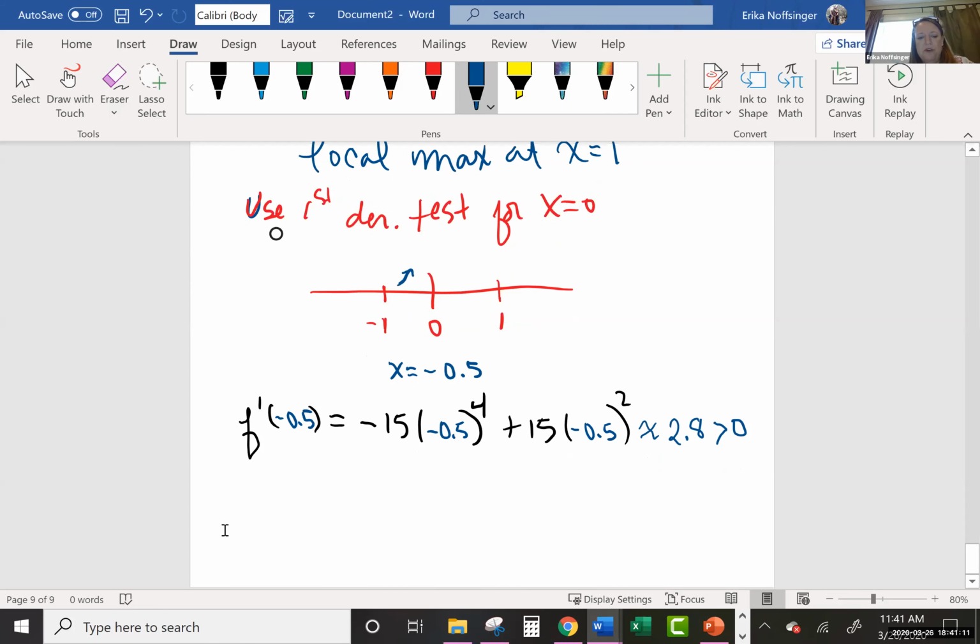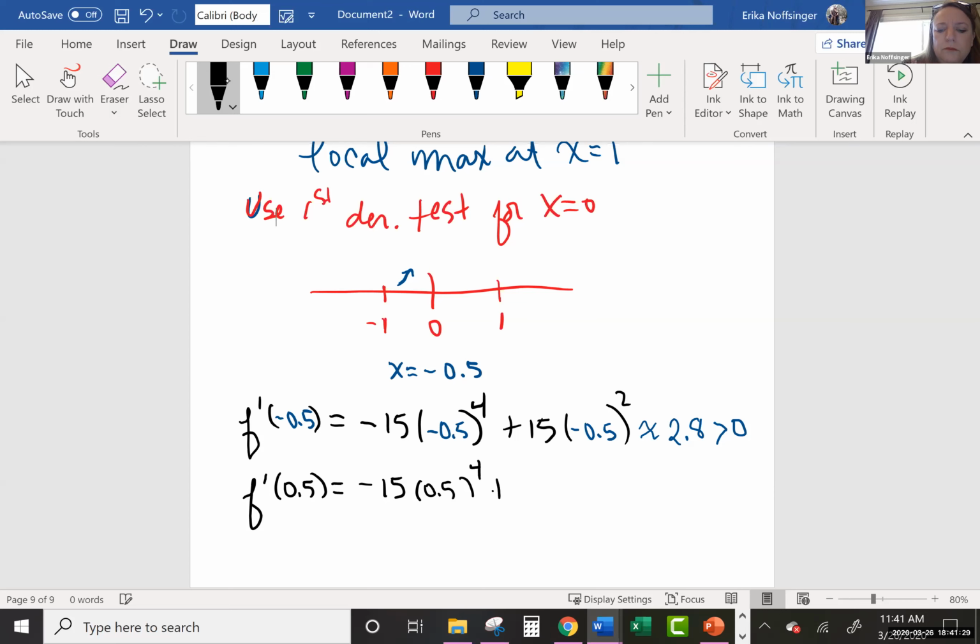But notice if we plug in positive 0.5, we're going to get the exact same value, because when we were plugging this in before, we were raising our value to an even power, which made it positive. And so I know I get back approximately 2.8 again, which is greater than 0.